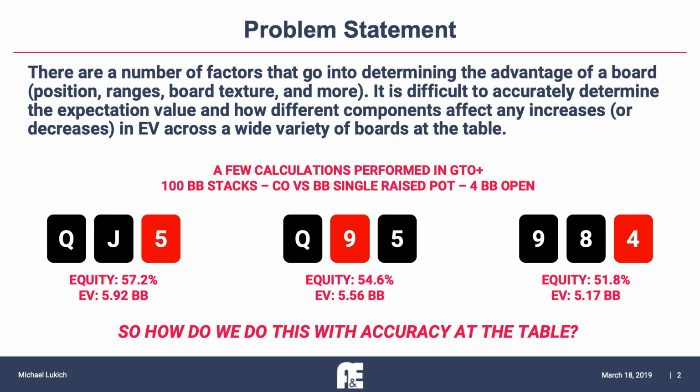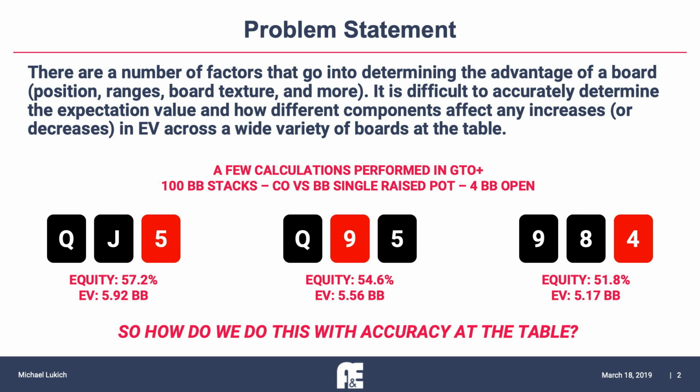So the problem that I run into here, and I think Moldyfish got this across in one of his videos, is that there are a lot of different factors that go into determining the advantage of a board, and those are things like what position we're in, the various ranges that we have, the board textures, and a lot more.